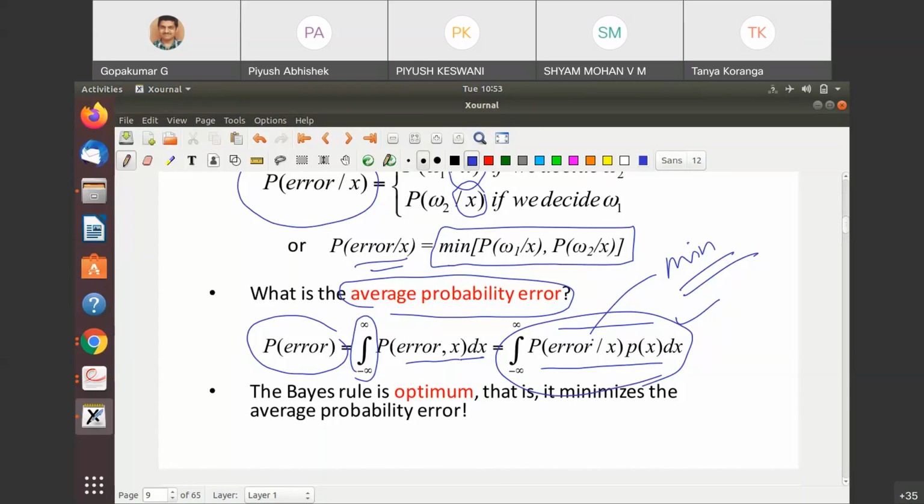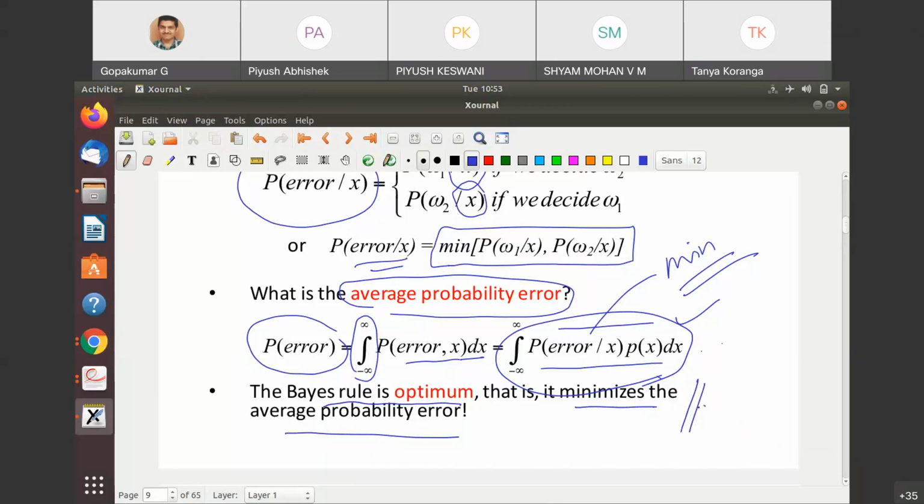If we minimize the probability of error given x for each x, the whole integration will also result in the minimum value. That means we can say that the Bayes rule is optimum, because it minimizes the average probability of error.